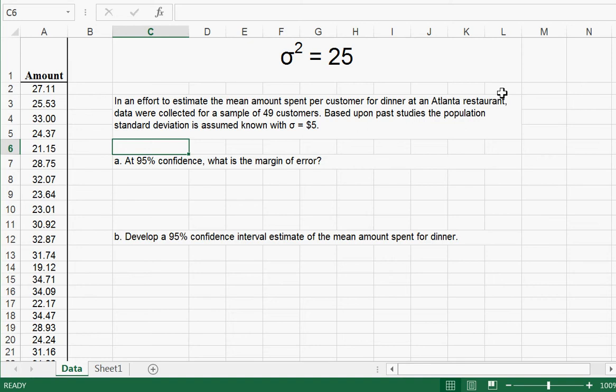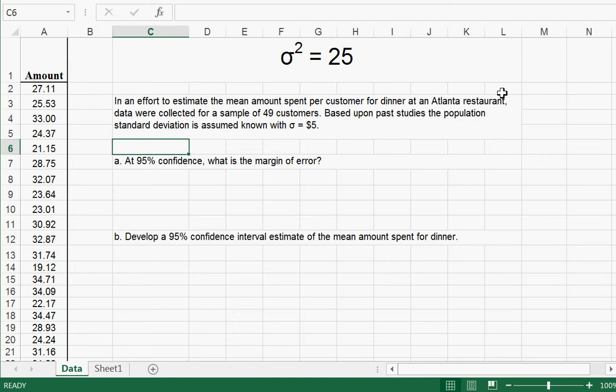How many people live in Atlanta? Millions? Four or five million people, maybe. How many times can I randomly sample that population regarding the amount of money they spend at restaurants per meal?